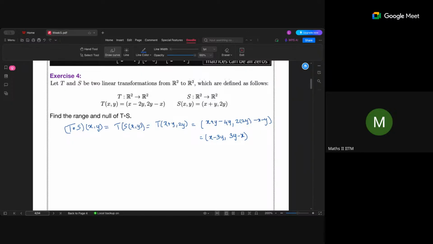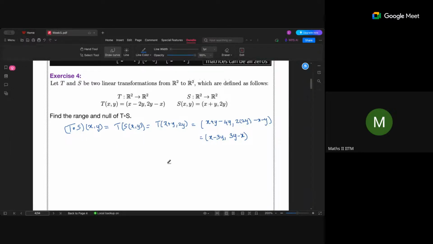Okay. So now find the range and null of T composition S. You can either use the definition of T composition S or you can use the matrix representation of T composition S. The matrix method is what we have already seen.